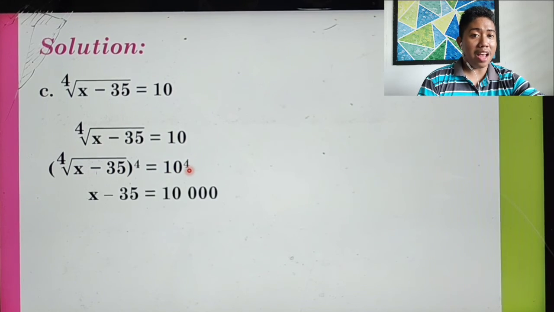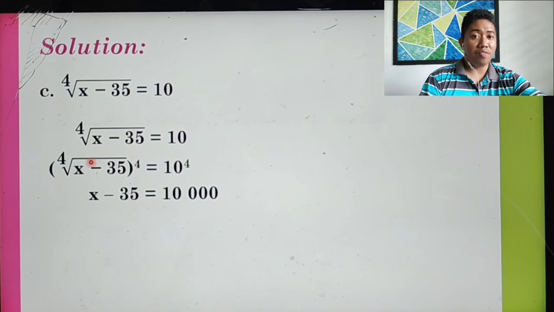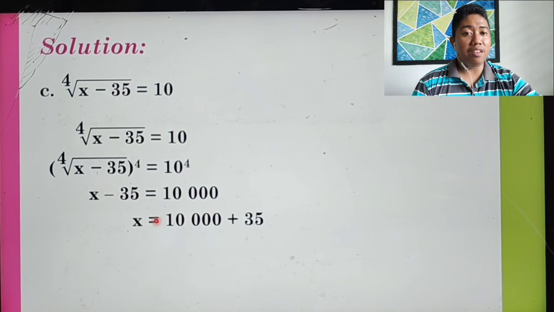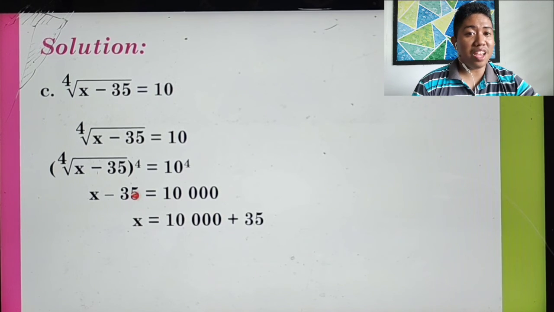Then we eliminate the exponent 4, as well as the radical sign. So x minus 35 is equal to 10,000, because 10 to the fourth power is 10 times 10 times 10 times 10, that is 10,000. And we transfer to the other side of the equation.